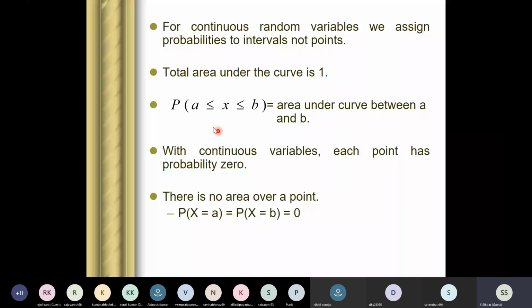So as I said, you can get the area under the curve in between A and B. We already solved this problem just now. We showed this for the case of the shaft. So if anybody says you have to check the probability that it falls in between this probability and this probability, then you should be able to calculate it.